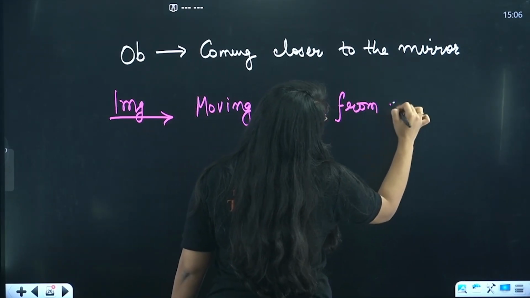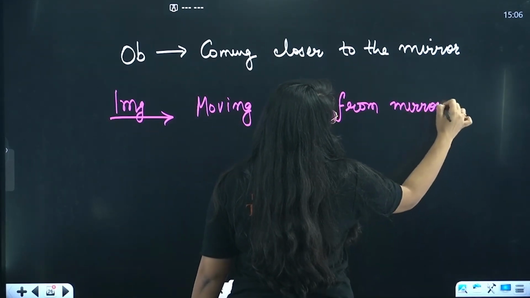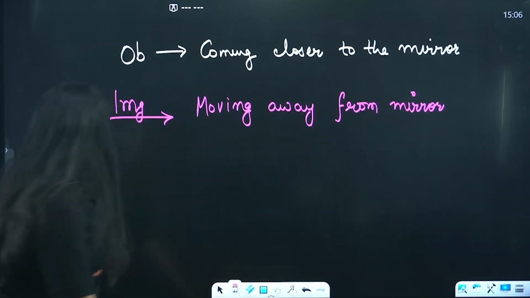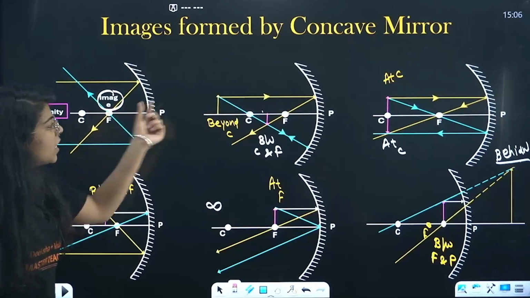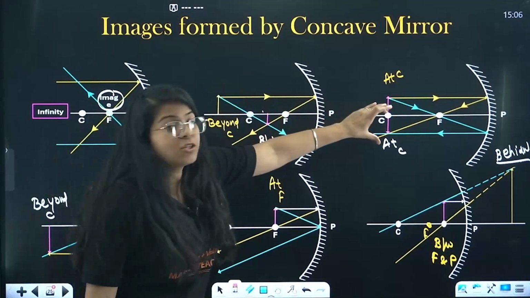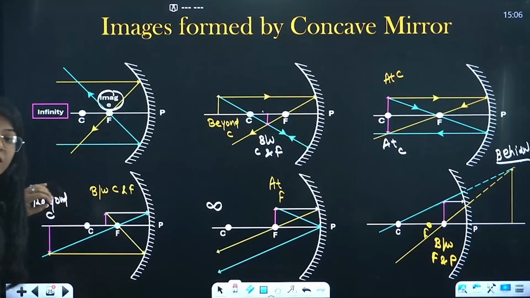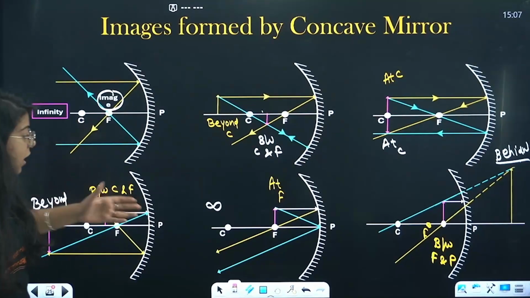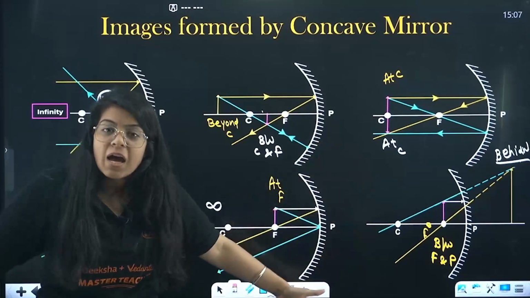And as this image is moving away from the mirror, you will also see one thing: here it is point size, here it is a little bigger, here it is equal to the size of the object, here it is larger than the size of the object, here at infinity it is extra large, right?